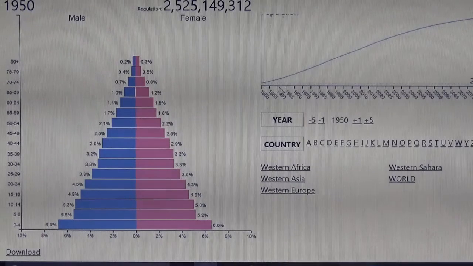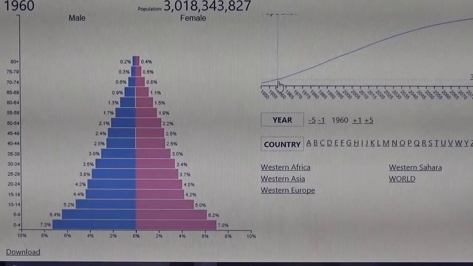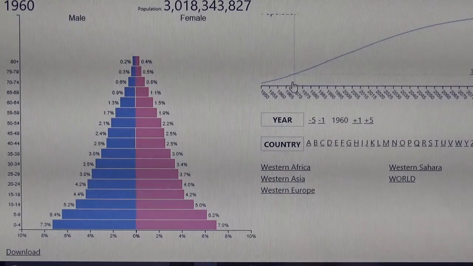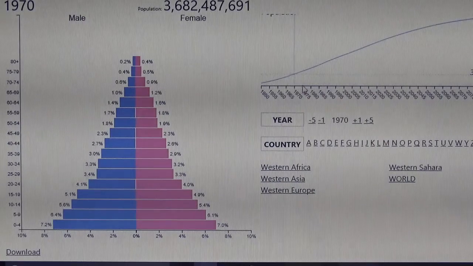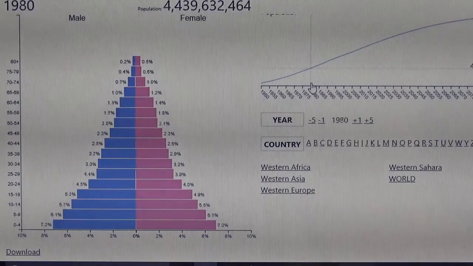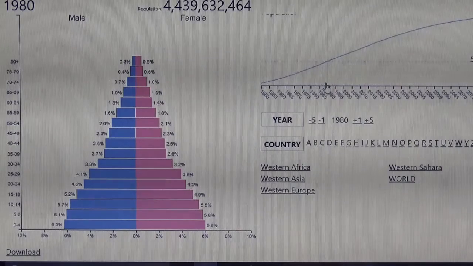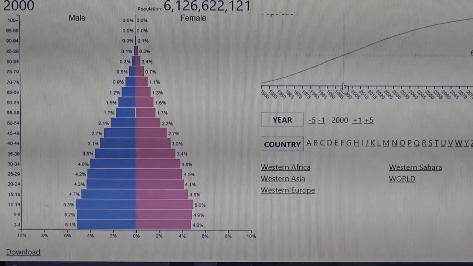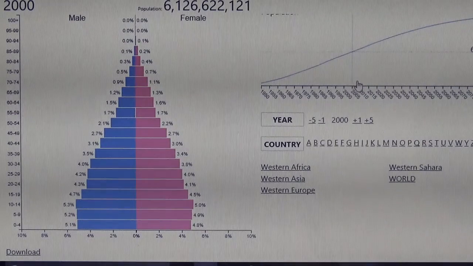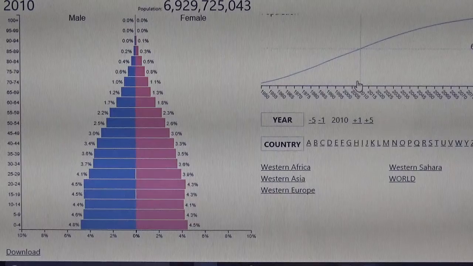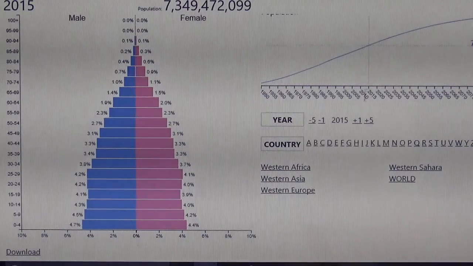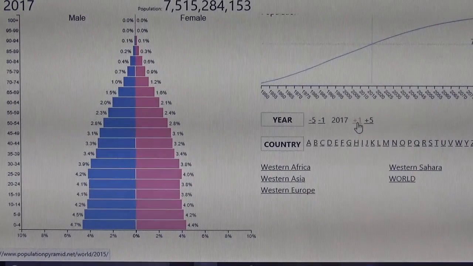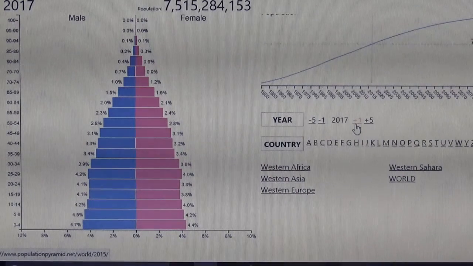Then 10 years later, already changes are evident. And in 1970, 20 years later, again more changes. 1980, 1990, the year 2000, the year 2010, the year 2015, and if we add 2 more years, it brings us to the year 2017, today.